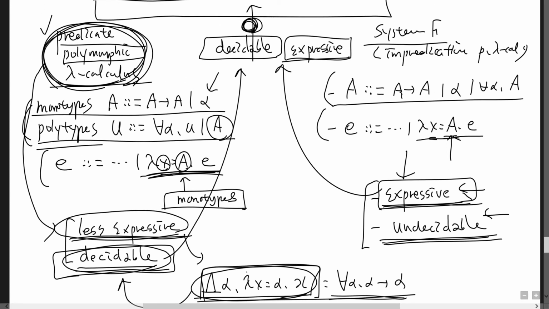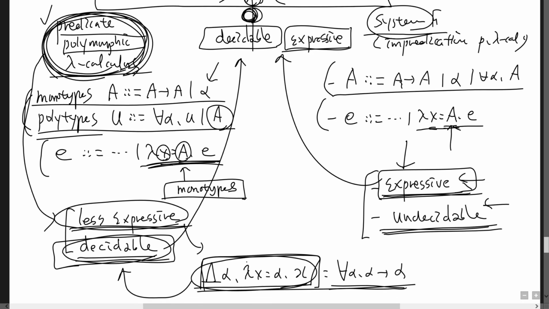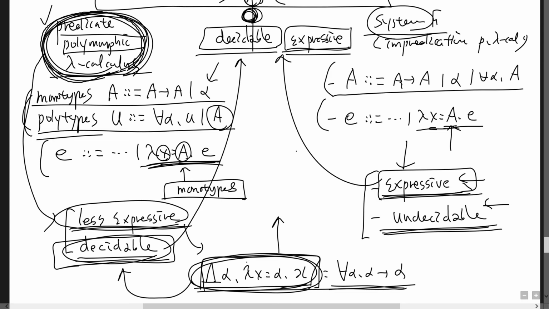So, to summarize, we'd like to identify a language that lies between predicative polymorphic lambda calculus and System F so that its type reconstruction is decidable and it's reasonably expressive enough that we can define polymorphic expressions like this one and use it really polymorphically. Unlike predicative polymorphic lambda calculus, which does not allow us to use this polymorphic expression really polymorphically.